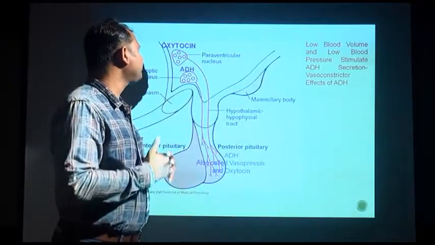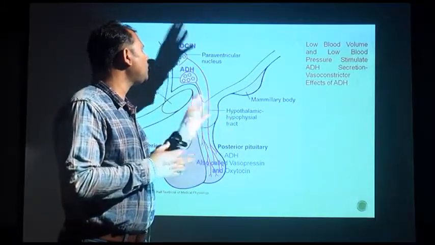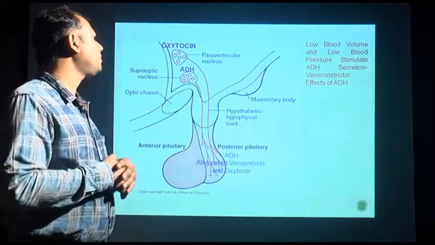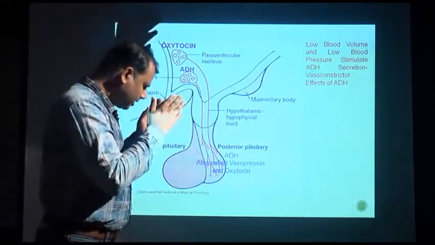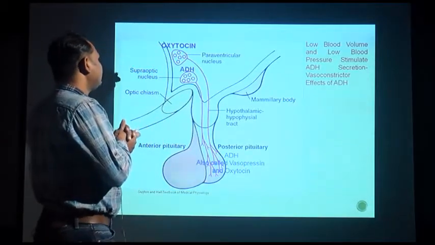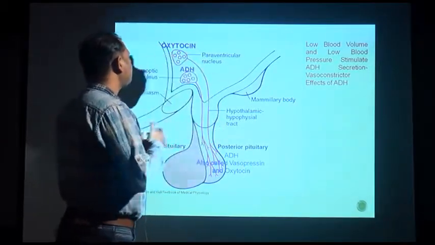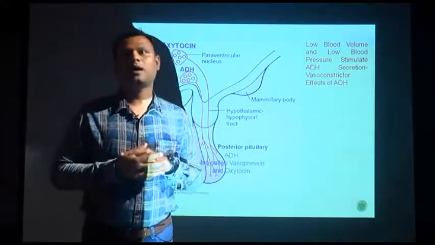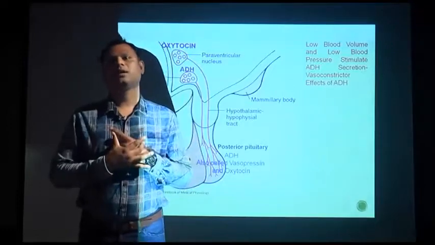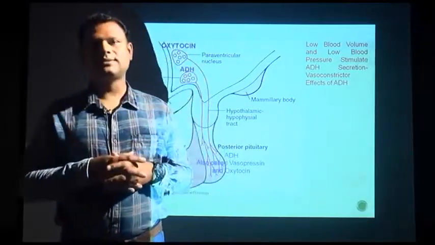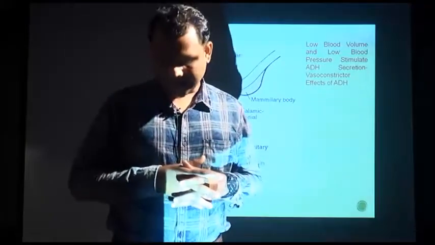Antidiuretic hormone is secreted by low blood volume or low blood pressure. When the blood volume is low or the blood pressure is low, antidiuretic hormone gets secreted. Why? It helps in water retention and constriction.